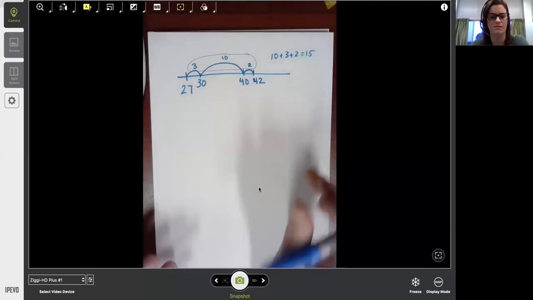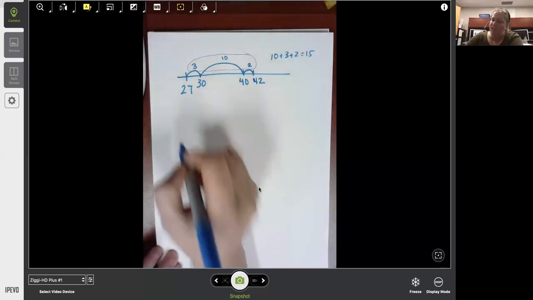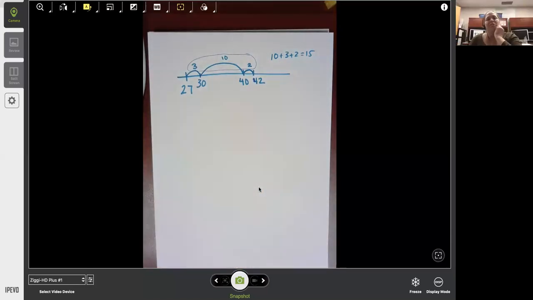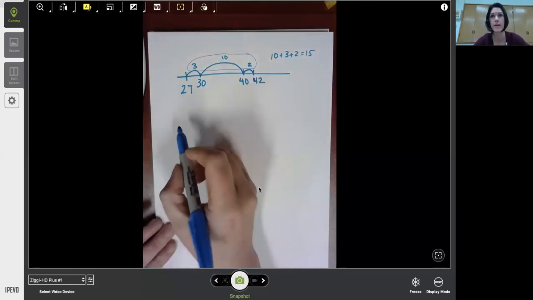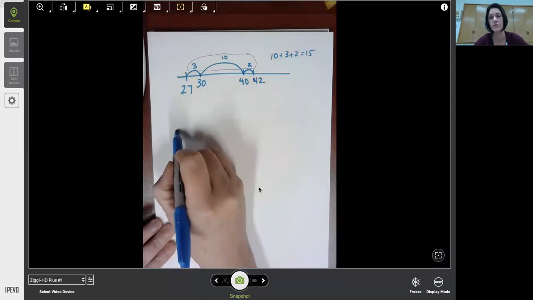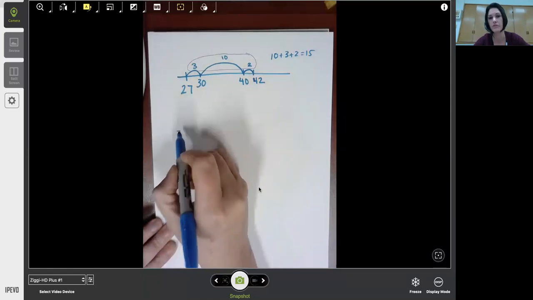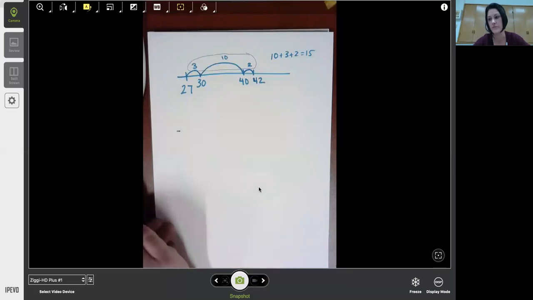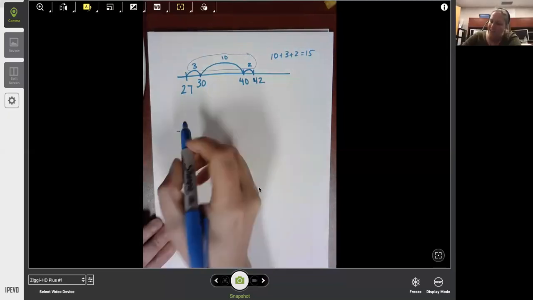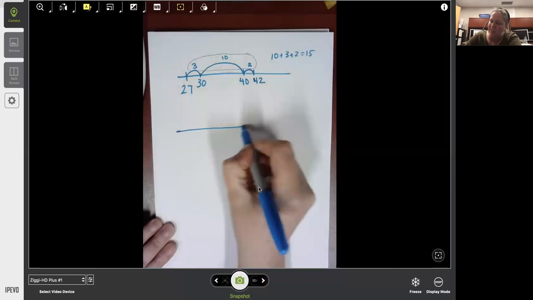That's great. Okay, Alicia, you have a solution also for this particular problem. I do. So my answer was also 15. I started at 27 and I made a jump of 10 to get to 37. And then again, I made a jump of 3 and I knew that that would get me to 40, which is the friendly number. And then 2 more to get to 42. Okay, so again, listening first and then writing.